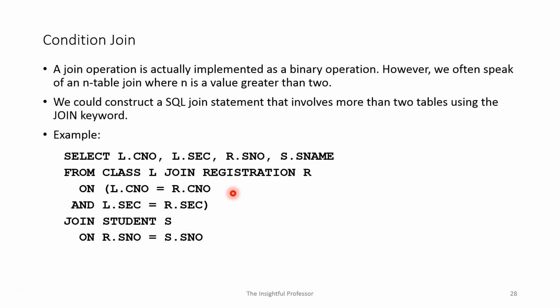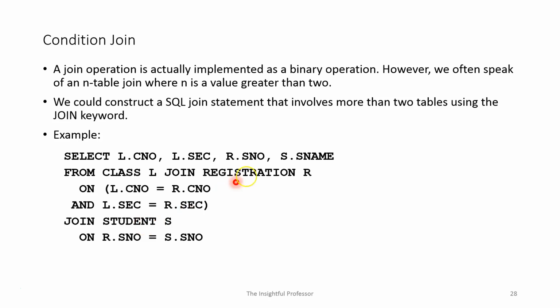We can also take it one step further and note that I'm joining class and registration, and then I also want to join student. All I do is say join and put the on clause. Then I want to do another join. This makes it a little more obvious that it is a binary operation. I do another join and introduce another table. This table has to be related to something that I've already looked at. So can I relate student to class? Well, not directly. There's no way to do that.